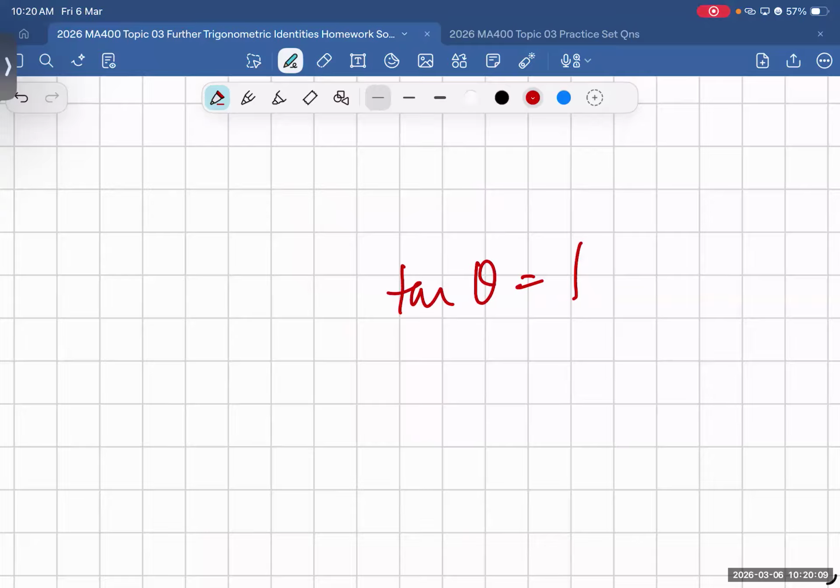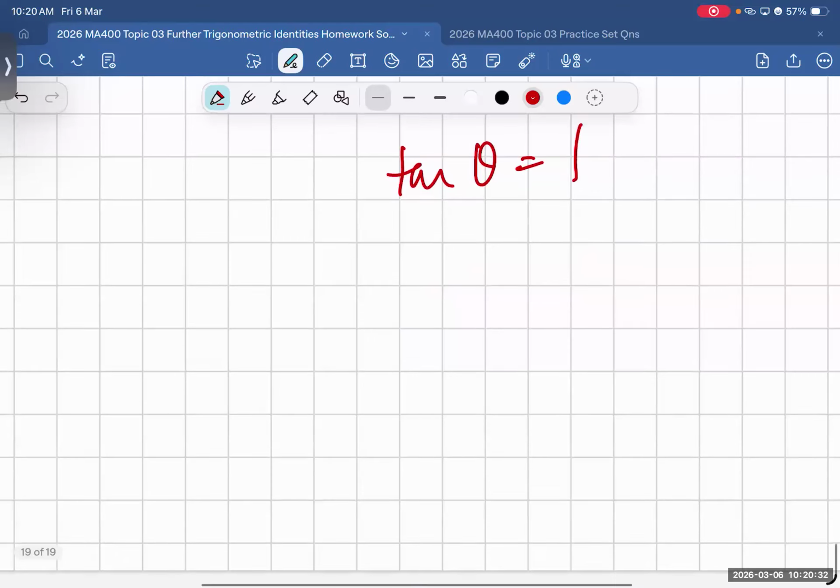Tangent theta is 1. What is theta equal to? Don't worry, I'll wait for you. You're using a calculator? What's the answer? You're using radian mode, that's why you got 0.78 something. Take your answer, divide by pi. You will get 1/4. The answer is 1/4 pi, which is 45 degrees.